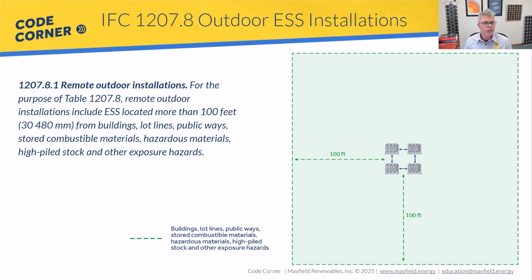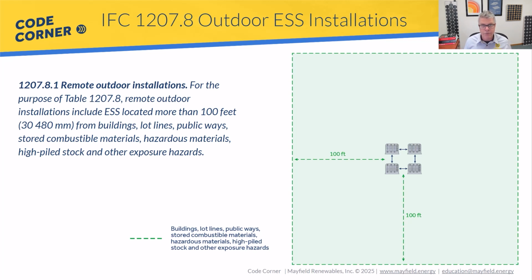And then finally, I just wanted to show a little bit more visually what we're talking about. You can see here, if we have our energy storage systems in the middle of this plot and we're 100 feet from everything, we're showing 4 different units in there, and there's no size limitation on those units. We can go to whatever size we want in terms of kilowatt hours.